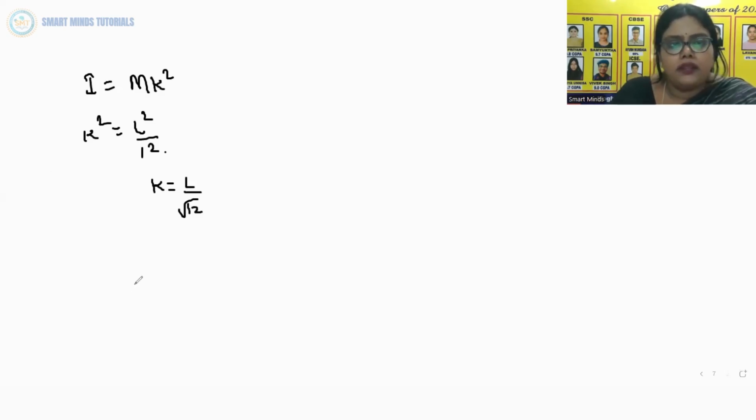Similarly, K is equal to R by 2 for a circular disc about its diameter. And the length K is a geometric property of the body and axis of rotation, so it is called radius of gyration.